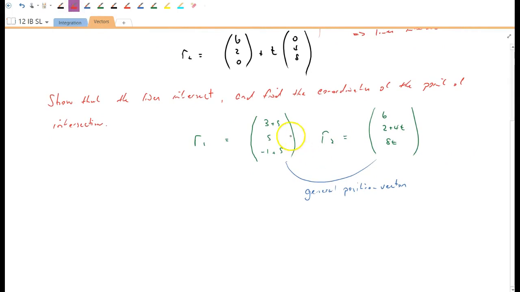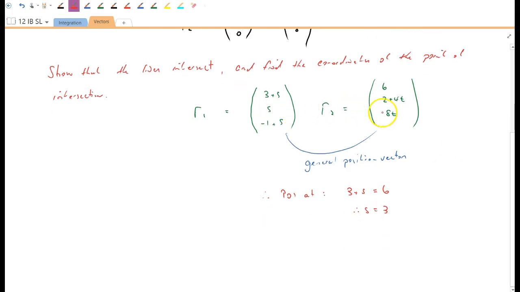And what we want is to find out where the common position vector is. We'll do that by making 3 plus s equal to 6. Therefore, at the point of intersection, 3 plus s is equal to 6, and we get s is equal to 3. That was easy. Next, s is equal to 2 plus 4t.